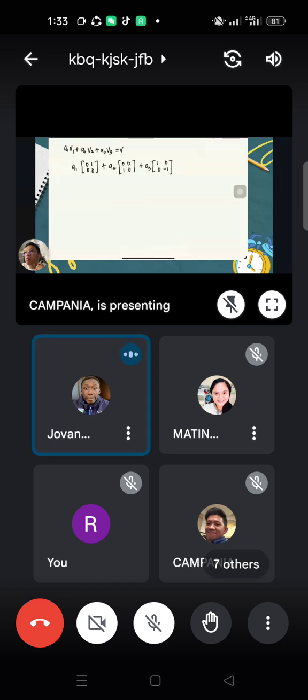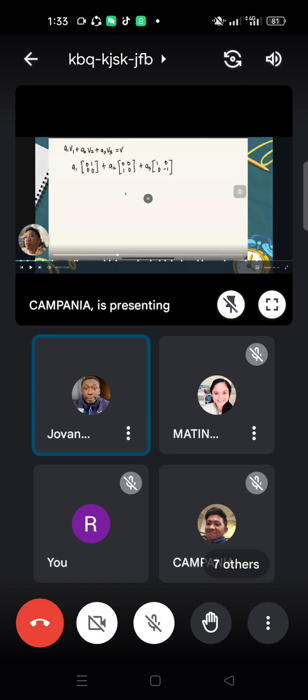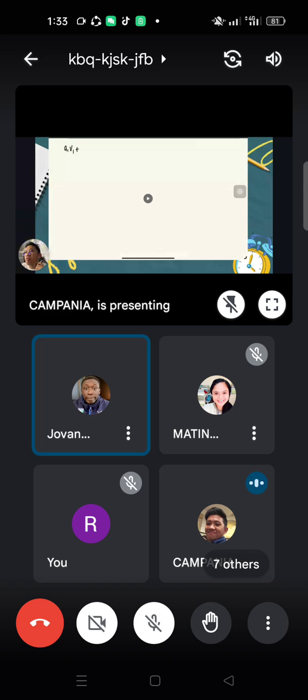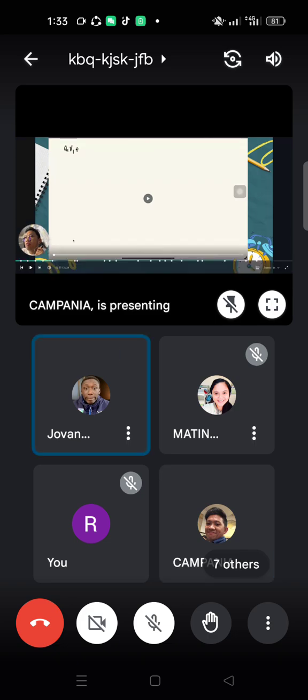I think the trace of a matrix is the sum of the elements on the main diagonal of A. Yes po, sir. Wait lang sir, I-define sa ang trace.